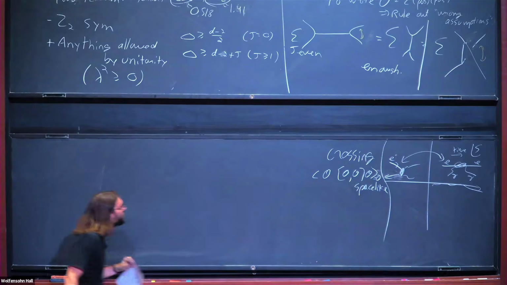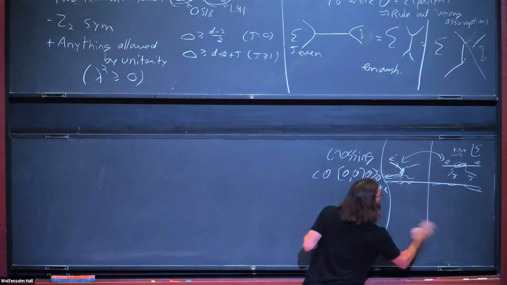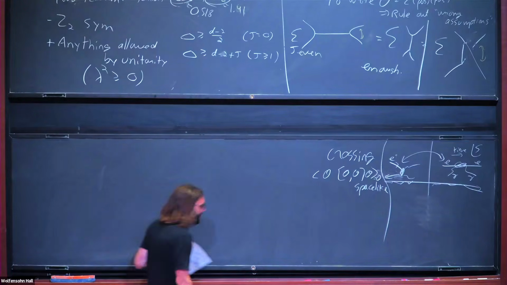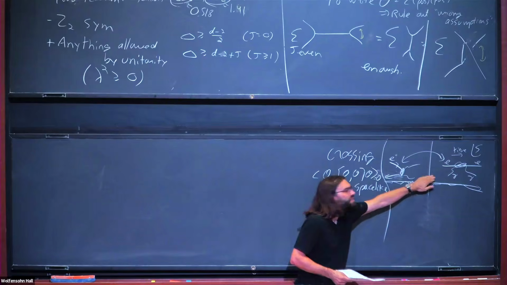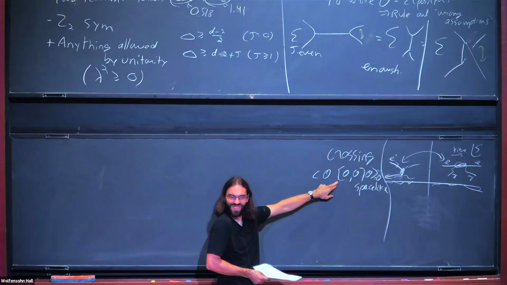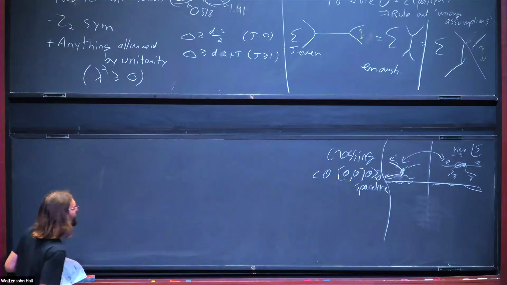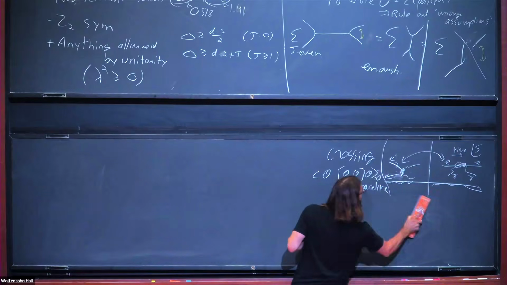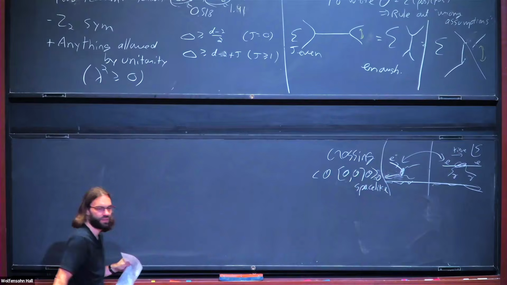And there's a branch cut also on the left. It's not a coincidence. The axiomatic proof of crossing symmetry is exactly this argument. So they really are the same statement. I won't have time to go into details, but it's really the same notion of crossing. In fact, you can think of the same process from different channels.